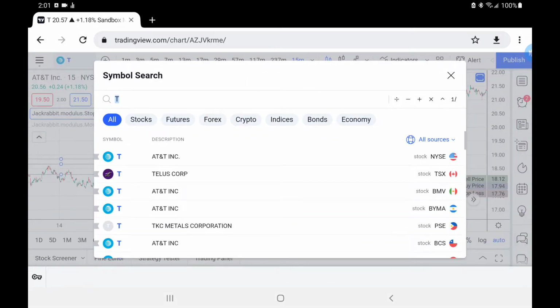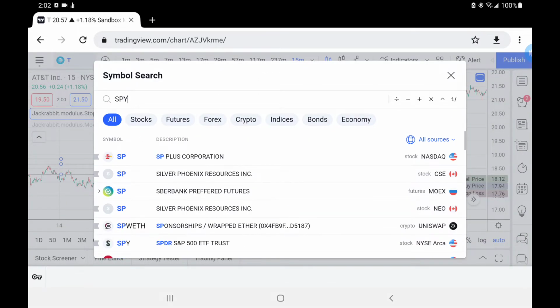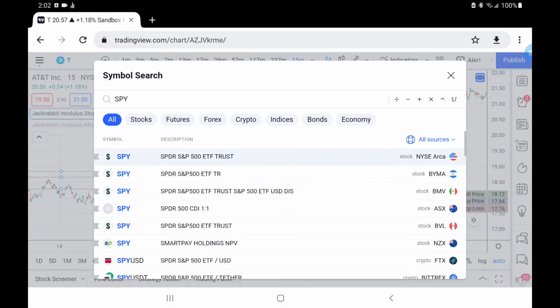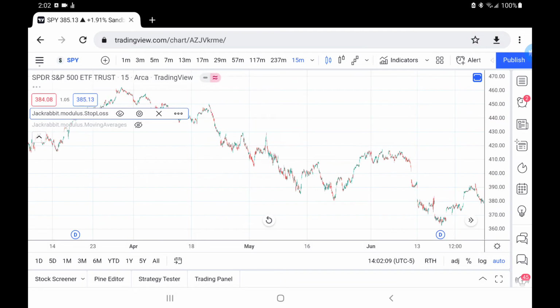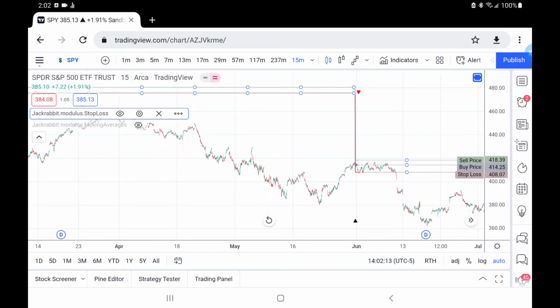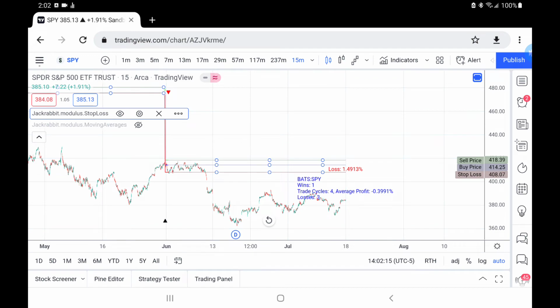Let's try with the S&P 500. Let's see how it looks. It has taken a loss of 0.39%.